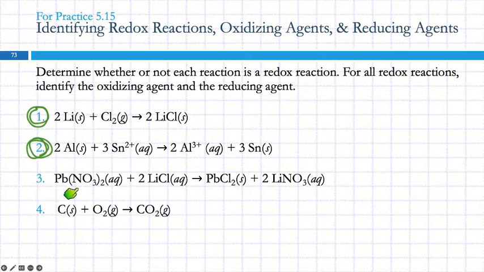If we look at the ions that are present here, there is no changing of charges. Pb(NO3)2, that's lead 2+, and this is also lead 2+. Here, lithium is +1 and lithium was +1. There's no charges that are changing, so that's not a redox reaction.